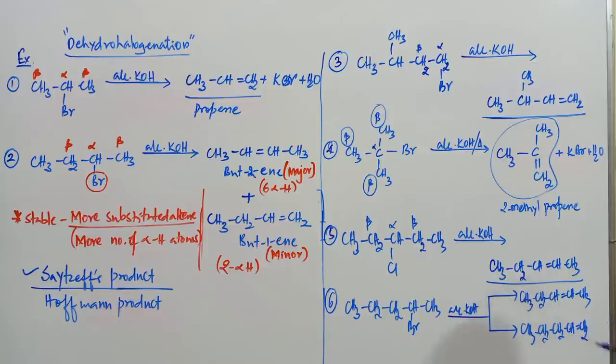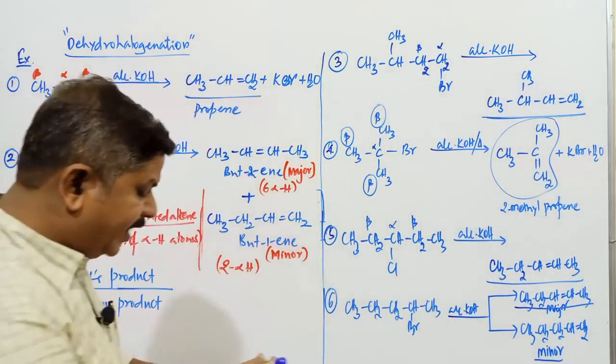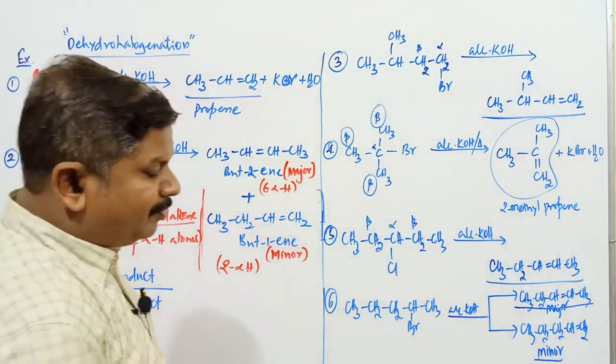Now between these two products, which is the major product and which is the minor product? This one is going to be the major product and this one the minor product. It all depends upon the number of alpha hydrogen atoms. The total number of alpha hydrogen atoms in this molecule is 5, and in this molecule only 2. Because of this difference, 2 different products are possible.